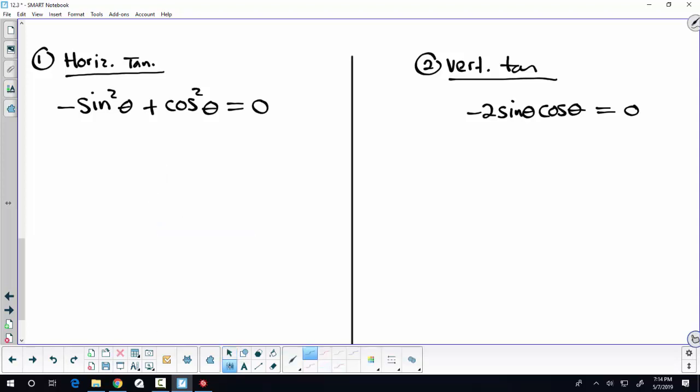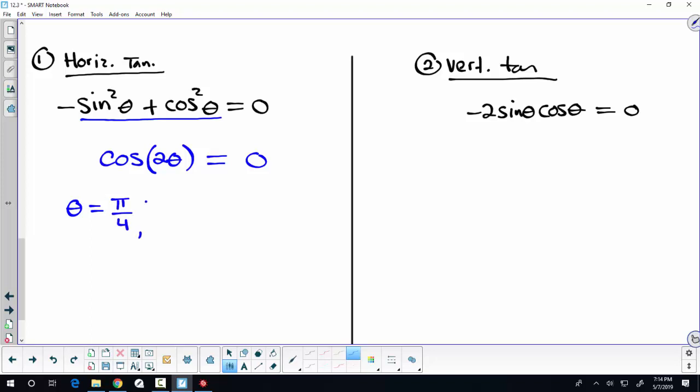All right, but I think the easiest way to solve this is to remember this identity: cosine squared minus sine squared is cosine of 2 theta. So pi over 4 is one value, but what are the others?